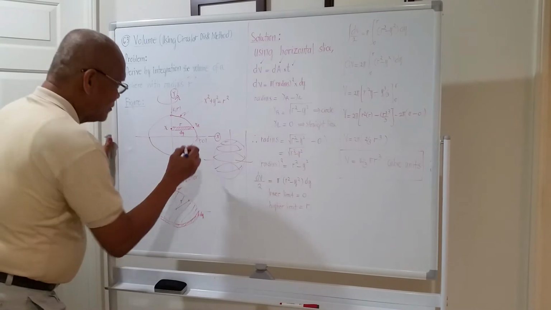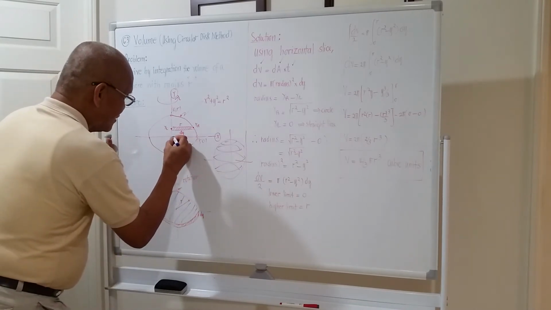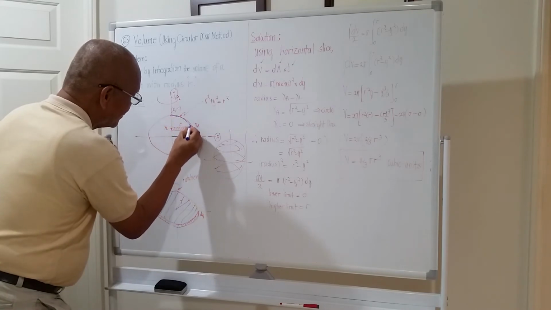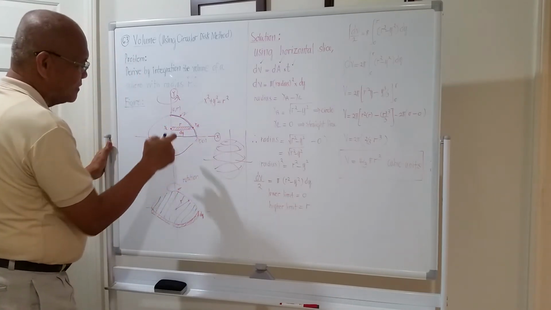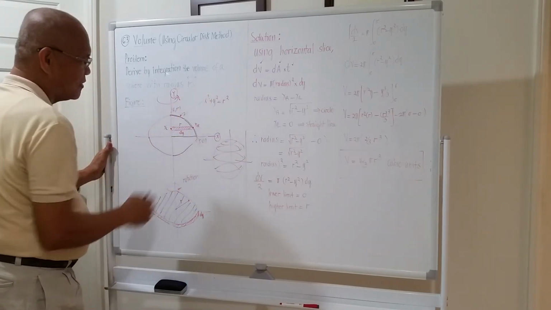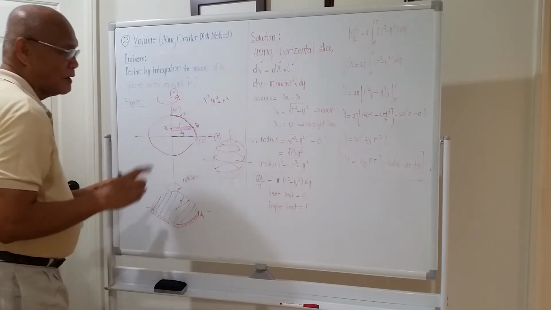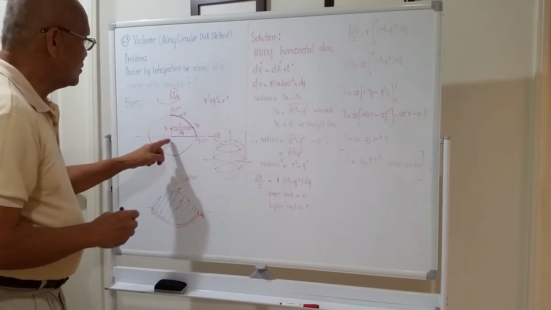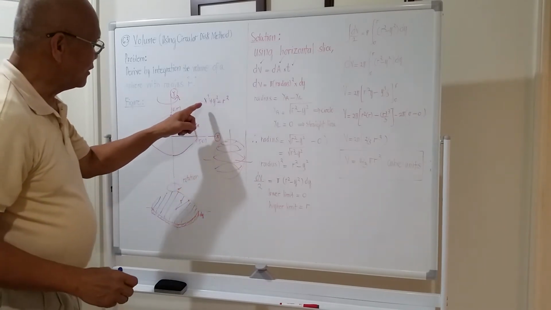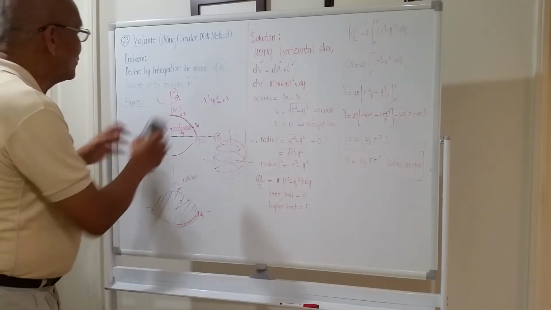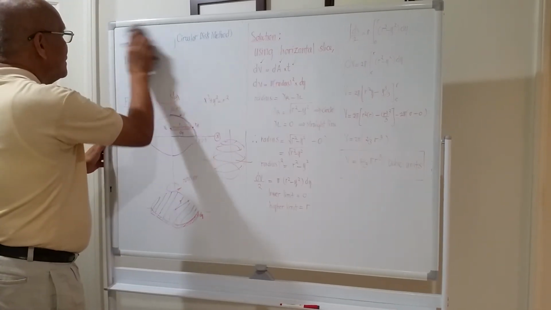So actually, we are taking the area between this line here and this portion of the circle here. And we know the equation of this circle. If the center is at 0, 0, the equation of the circle will be x squared plus y squared equals r squared. Okay, I will erase this one.